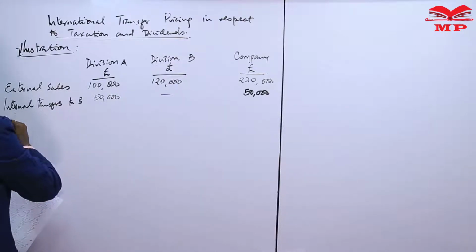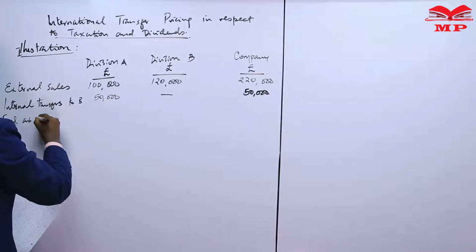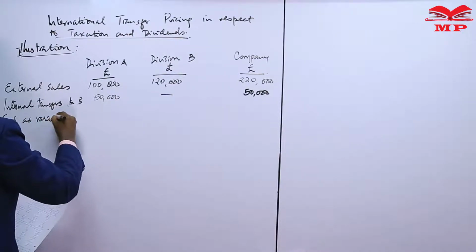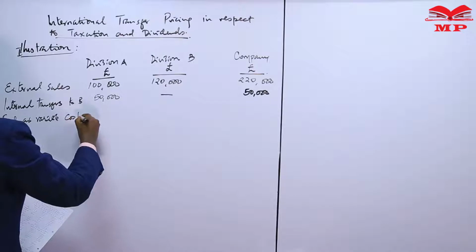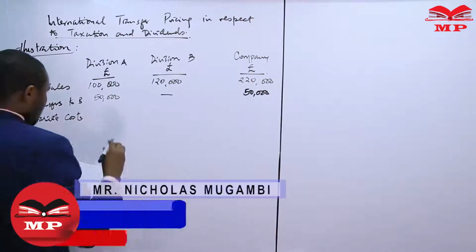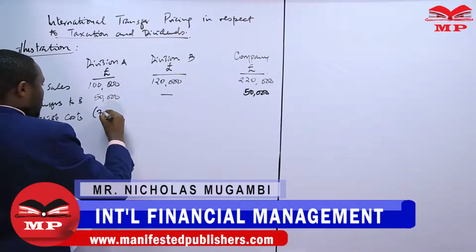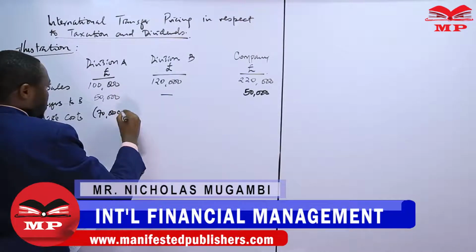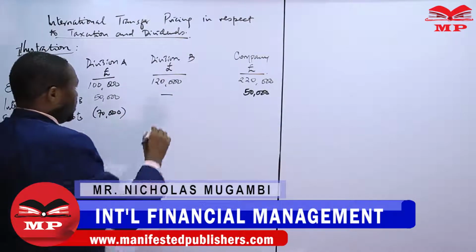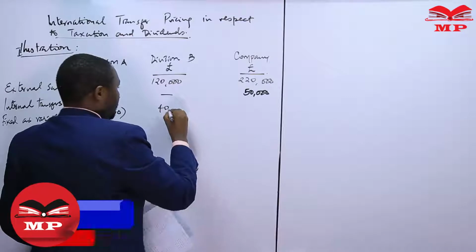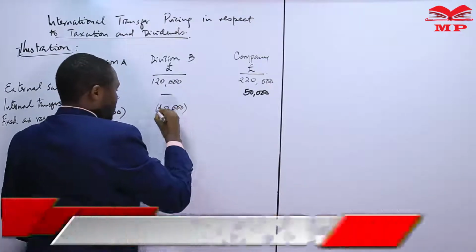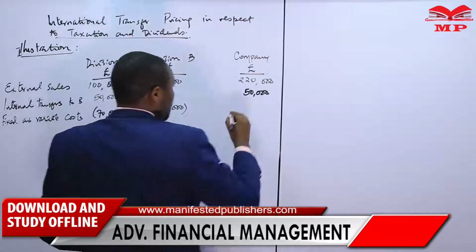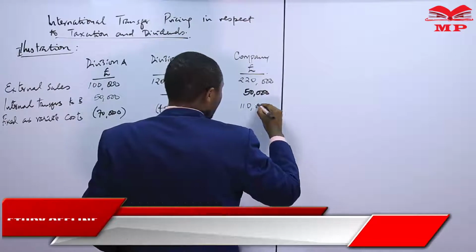Then we have fixed and variable costs, and then we have 40. So the total for the company will be 110.